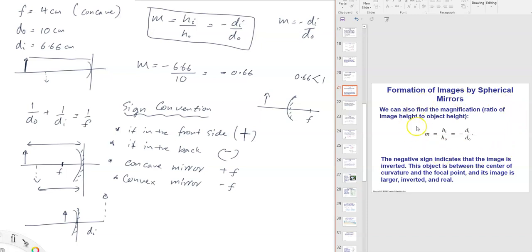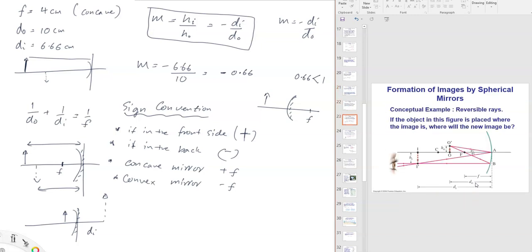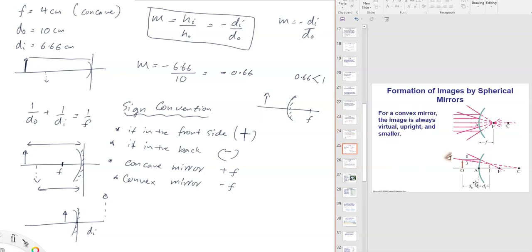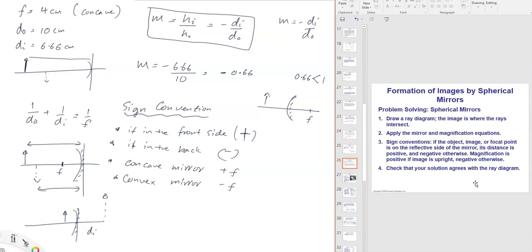So this is that magnification. Let me see where that sign convention is. Alright, here we go. If the object, image or focal point is on the reflective side, that's the front side of the mirror, its distance is positive, negative otherwise.